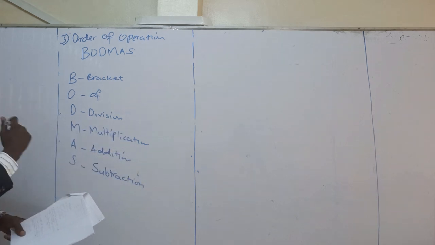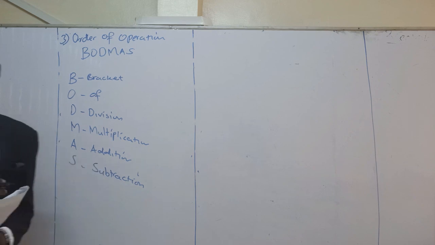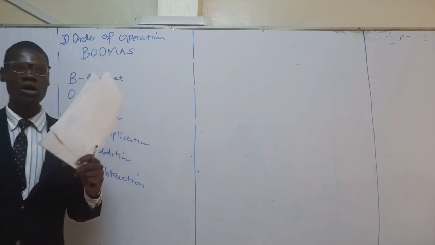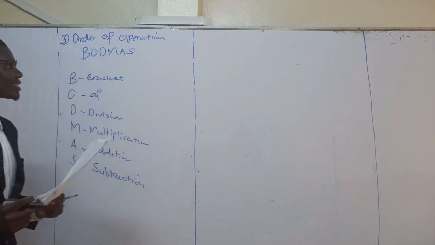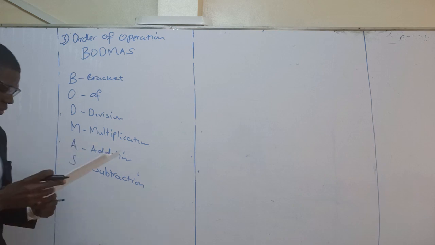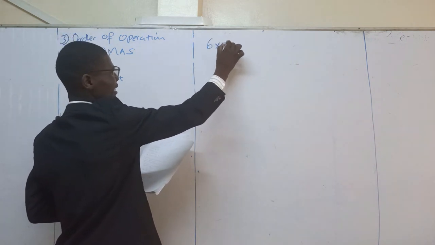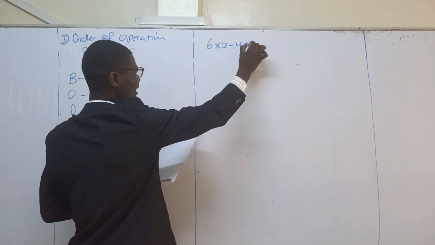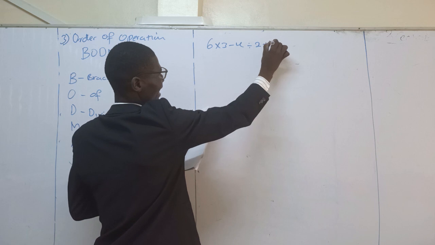Now, this is the order that we will be using when we have an operation that includes more operations to be done. For example, 6 multiplied by 3, subtract 4, divided by 2, then add 5.